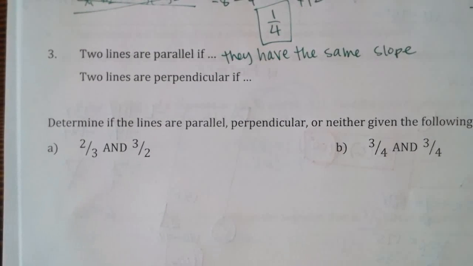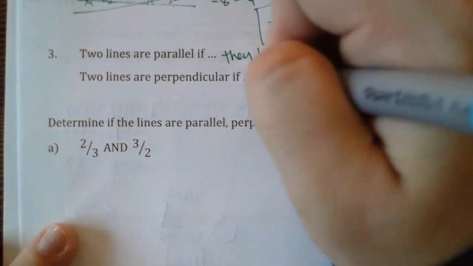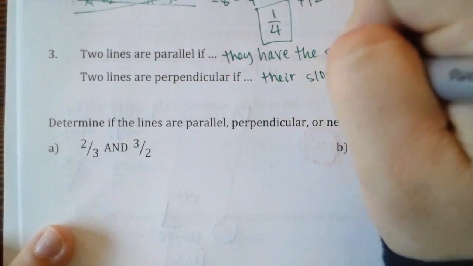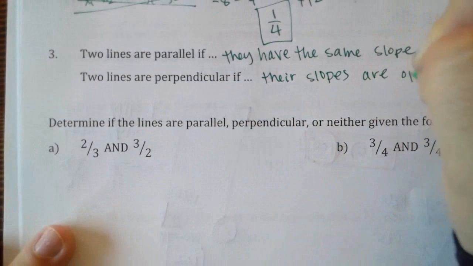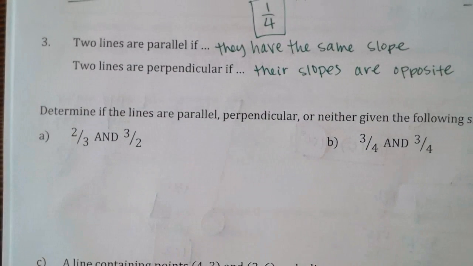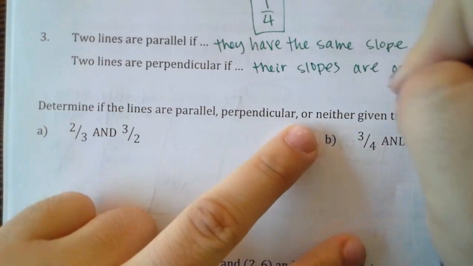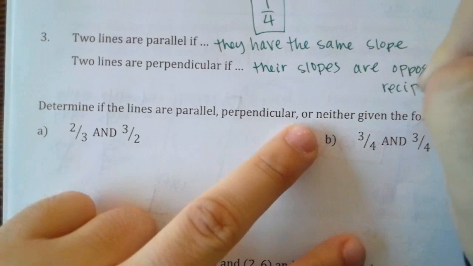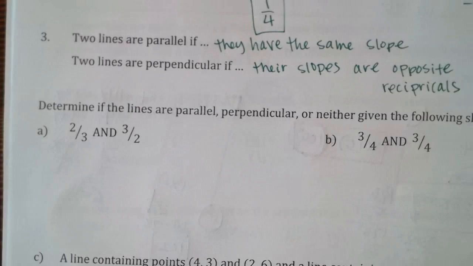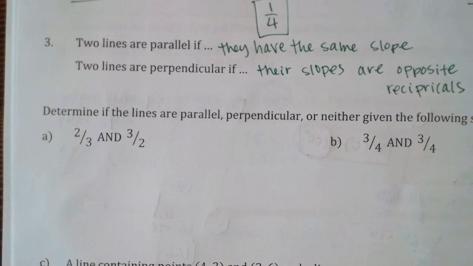Two lines are perpendicular if their slopes are opposite, which means negative, opposite reciprocals.